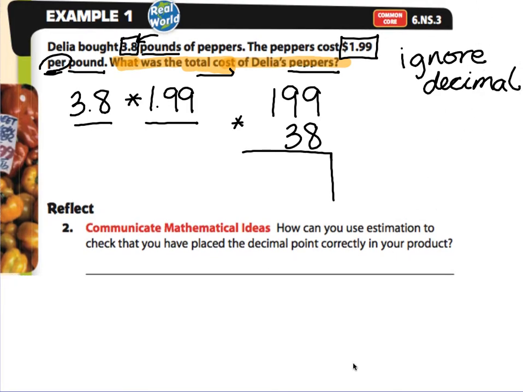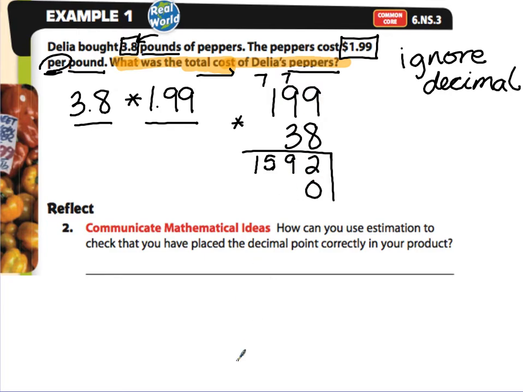So when I multiply, 9 times 8 gives me 72. Carry the 7. 9 times 8 is 72 plus 7 is 79. Carry the 7. 1 times 8 is 8 plus 7 is 15. Now I have to add the 0, because remember this is 30, not 3.